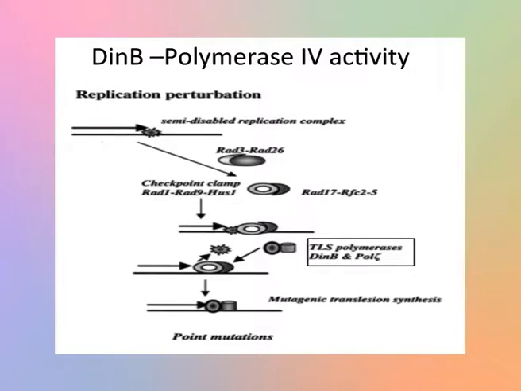Other than UmuD2 prime C, DinB has polymerase 4 activity, which is much more errorless, and it can synthesize the gap once again. Not only DinB, SOS also helps to synthesize SulA, SulB, which are cell division or cell cycle regulators, because the cell must be repaired before cell division occurs. RecN, RecU, and many other proteins will also be synthesized.